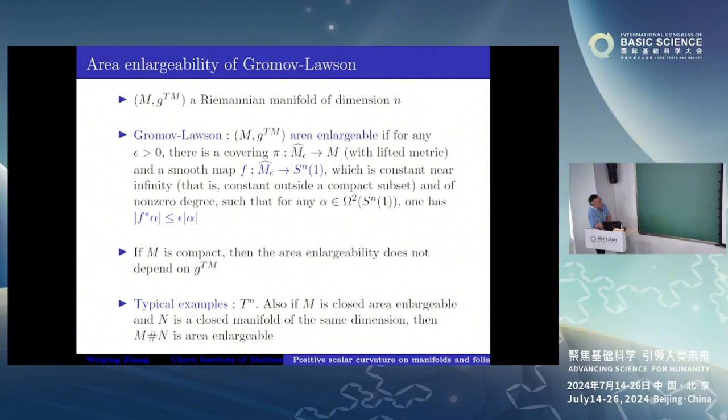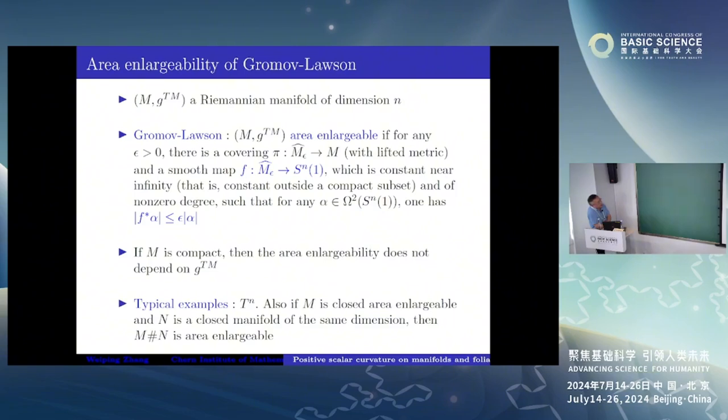Then it is called area enlargeable if for any small epsilon there is a Galois covering pi from M epsilon hat to M with the lifted metric, and a smooth map f from this covering space to the unit sphere of the same dimension, which is constant near infinity.